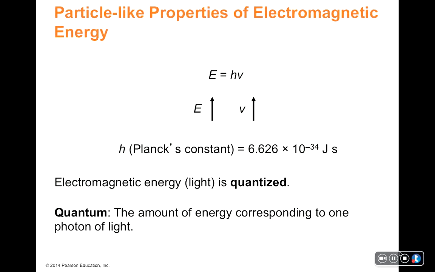And you can see the definition of a quantum. That would be the amount of energy that corresponded to one photon of light. Planck's constant, again, is a constant that you should write down and have for the exam. So that number, as a constant, stays the same. And you can put in any frequency to calculate the energy associated with that frequency.